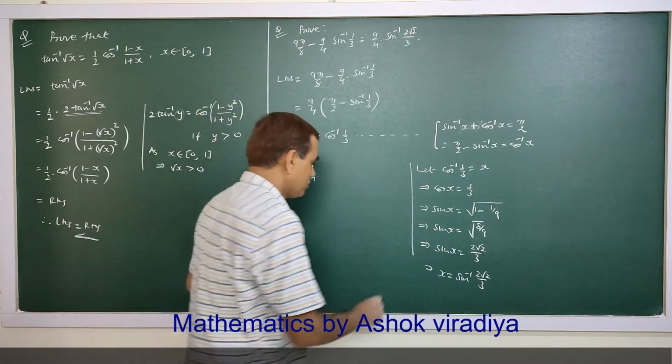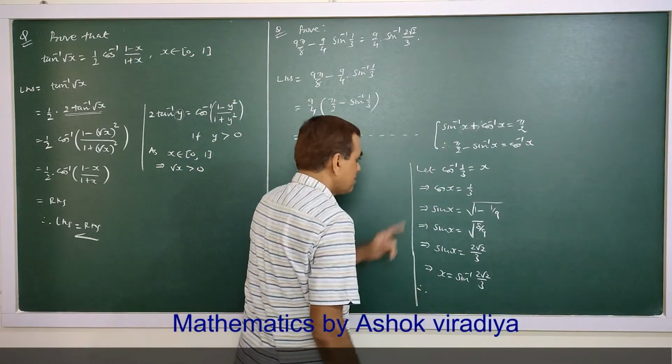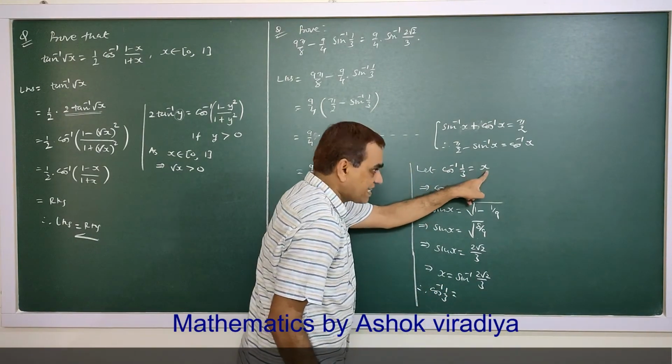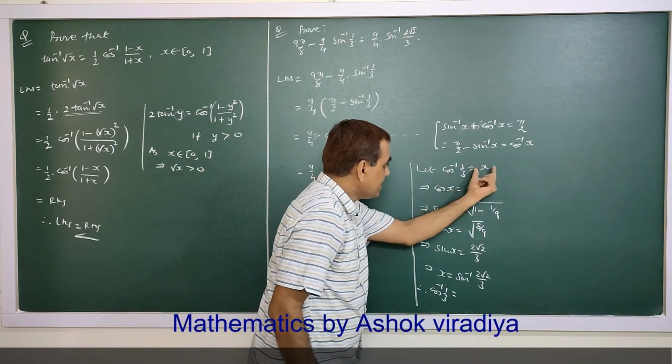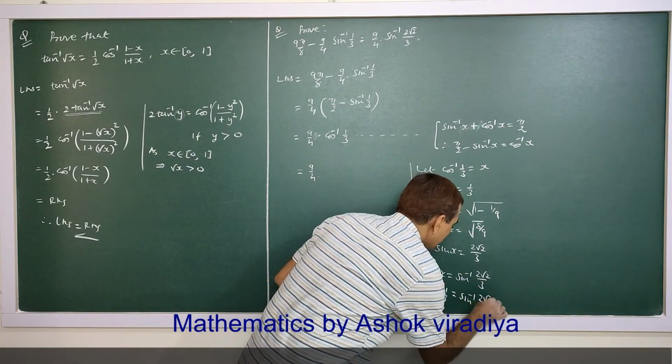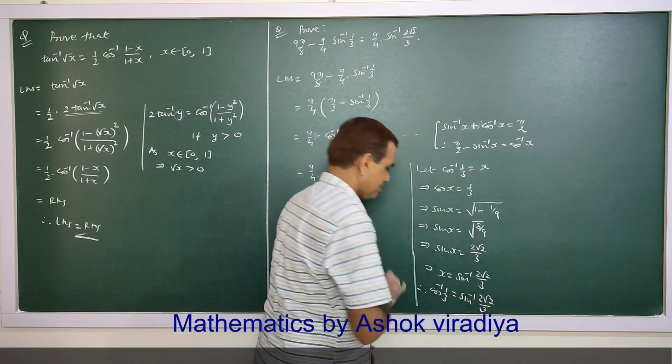So what is proved? That means cos inverse 1 by 3 was x, and x is sin inverse 2 root 2 by 3.